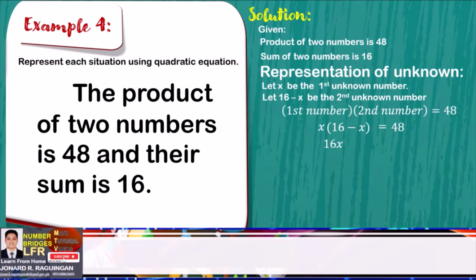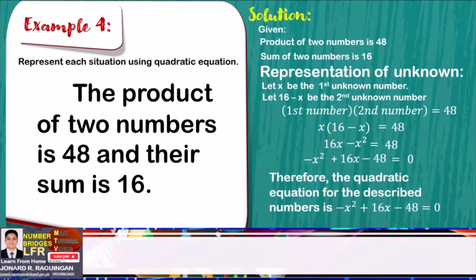X times negative x is negative x squared is equal to 48. Then write that in standard form. We have negative x squared plus 16x minus 48 is equal to 0. Therefore, the quadratic equation of the described numbers is negative x squared plus 16x minus 48 is equal to 0.